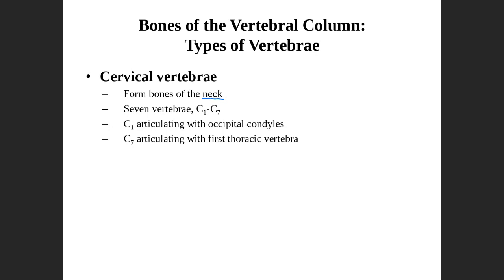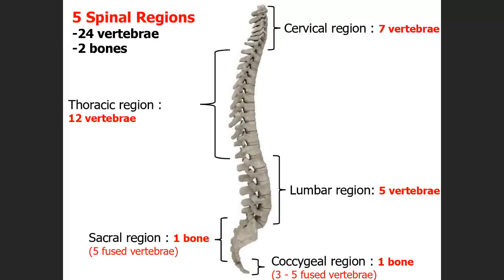Our last cervical vertebra is going to articulate with the inferior vertebra below it, in the thoracic region, that'll be T1. So I could say the C7 vertebra is superior to the T1 vertebra. Or I could say the T1 vertebra is inferior to the C7.